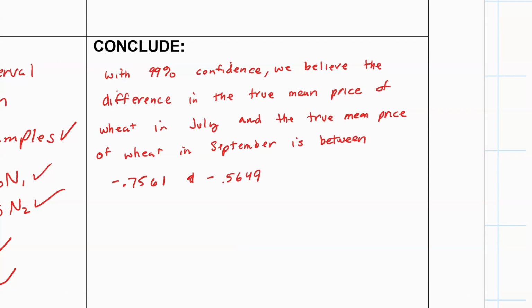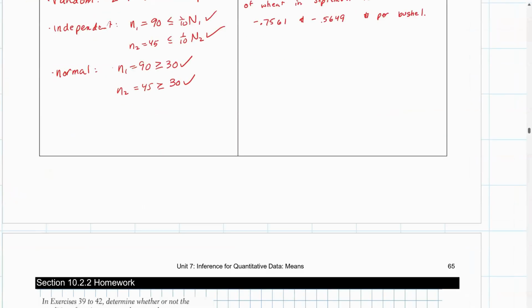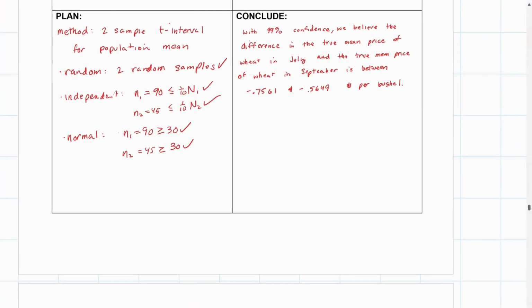And the units in this case were dollars per bushel. Okay, meaning that the price of wheat was about between 75 cents and 56 cents higher in September than it was in July. All right, so you've seen two examples of confidence intervals with two samples, and now you're ready for the homework.